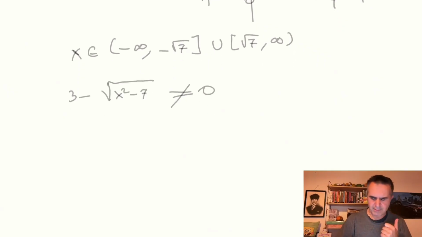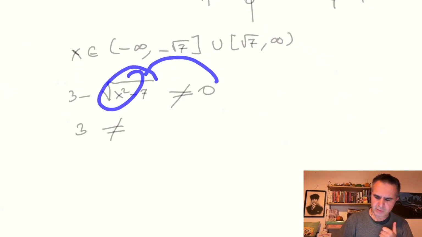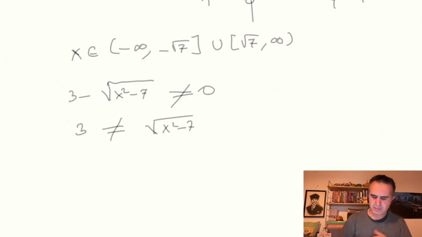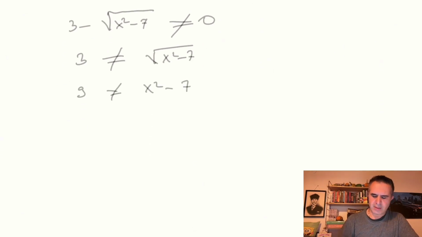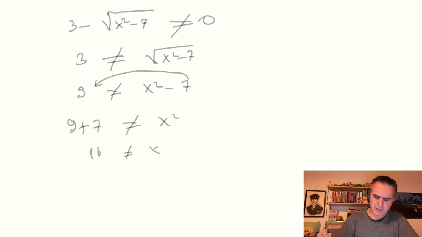So this means 3 cannot be equal to square root of x squared minus 7. Square both sides: 9 cannot be x squared minus 7. This means 9 plus 7 is 16, so x squared cannot be 16.